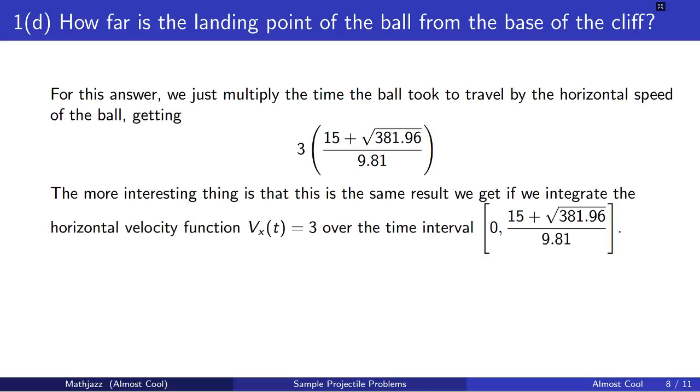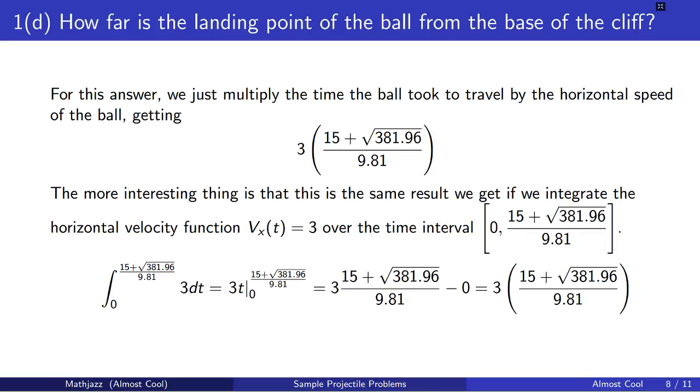Now, the more interesting thing is that's exactly what we get if we integrate the horizontal velocity function, that is, horizontal velocity equals 3, over the time interval 0 to the time of impact. Like so.